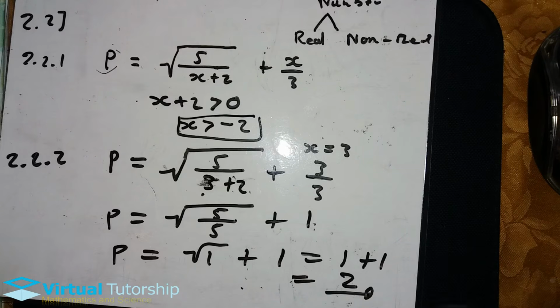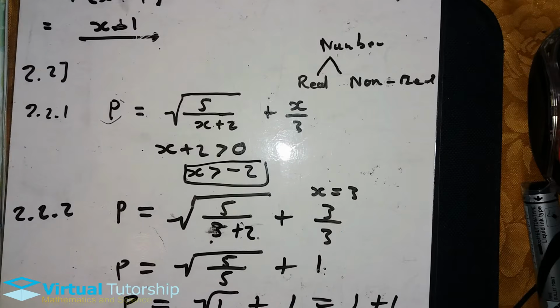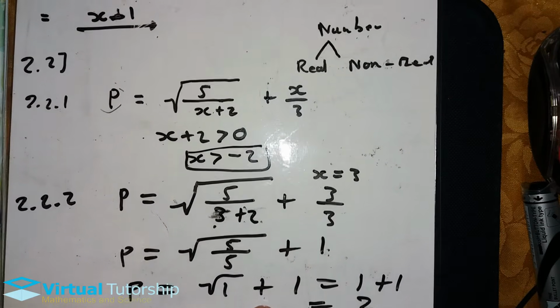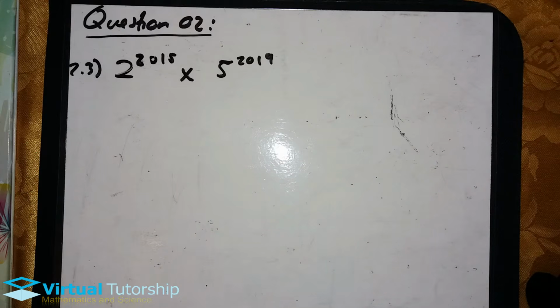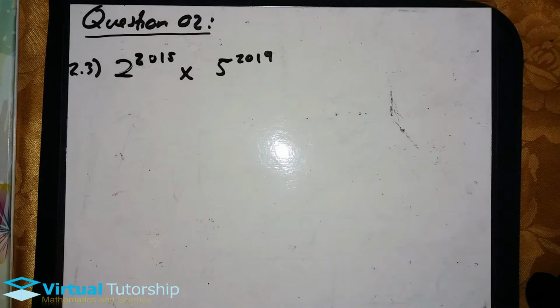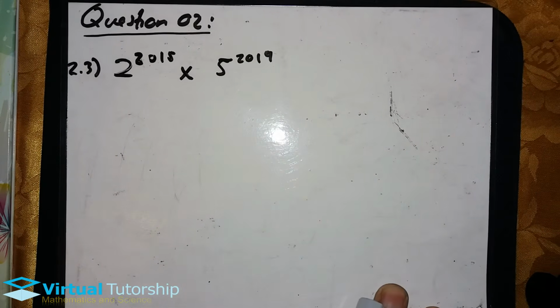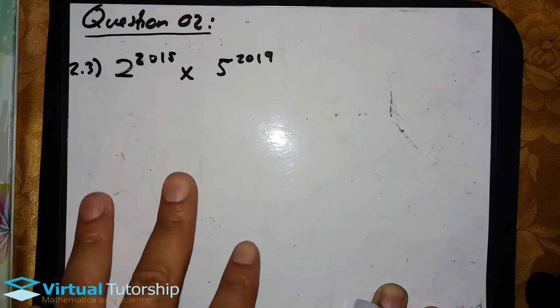So let me erase and then solve the last question, 2.3. Okay, so now this is the last question, question 2.3. It is about numerical powers with bigger exponents.